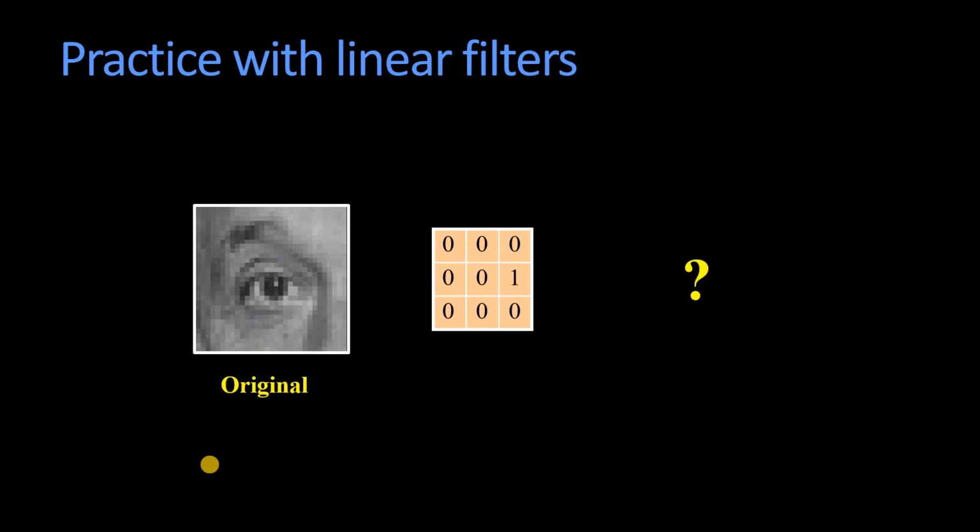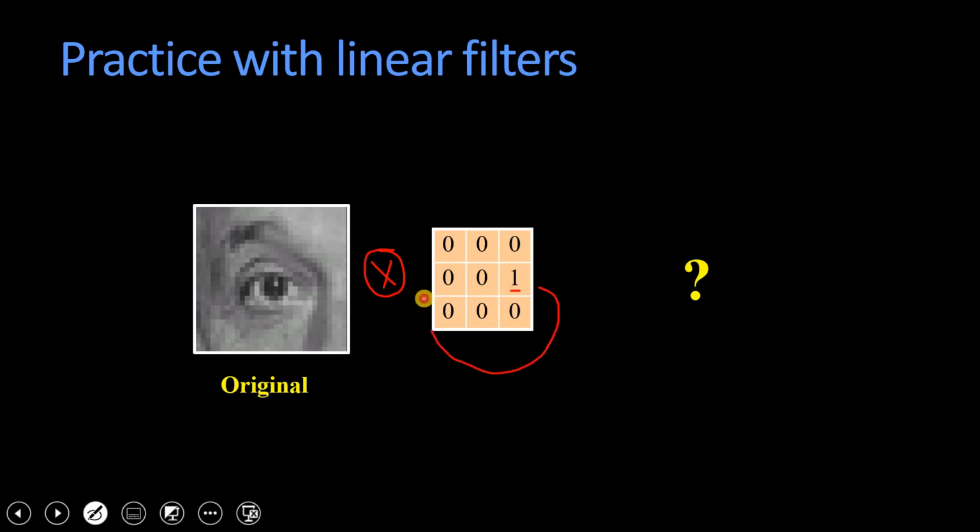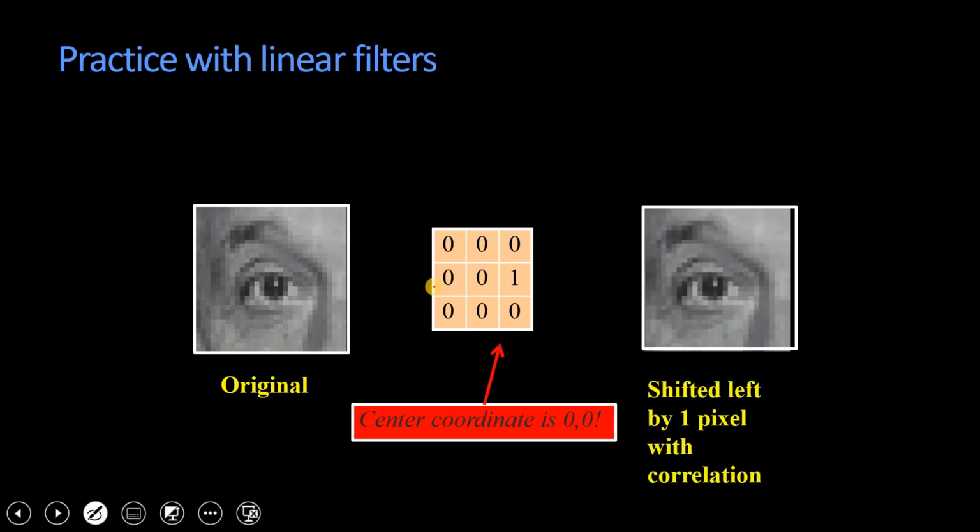But if you move this 1 to the right side, what will happen? Remember, we are using correlation. In the correlation case, the effect will be as if you rotate it 180 degrees, so the effect will be on this side.